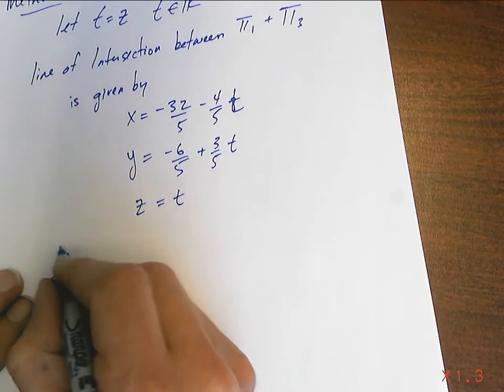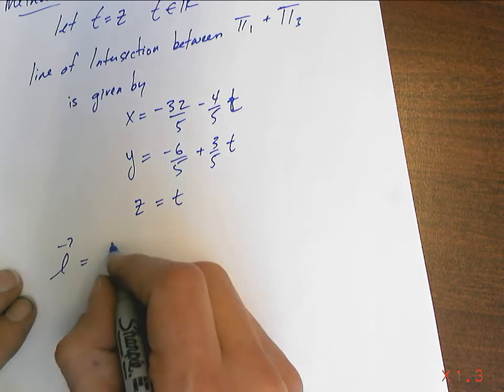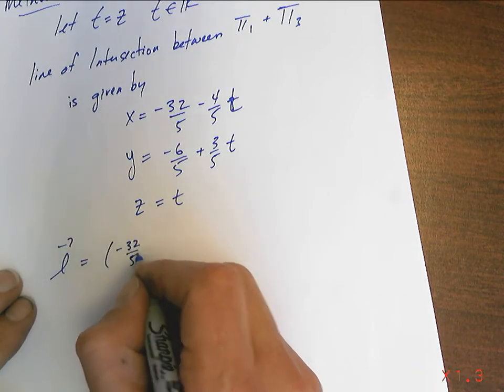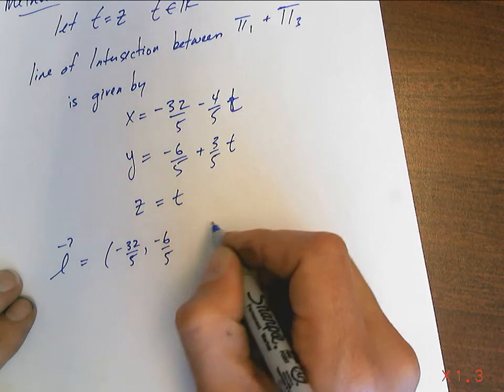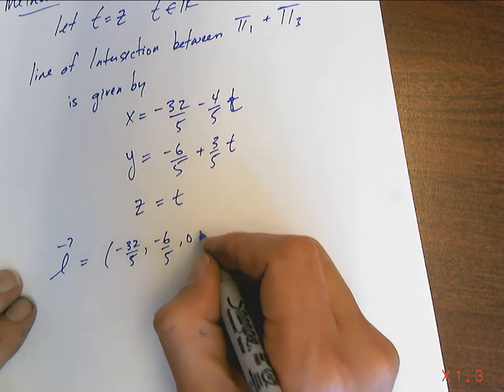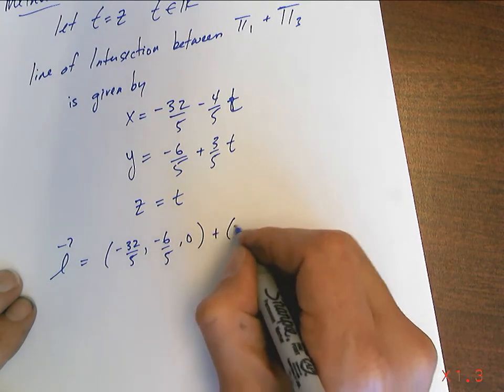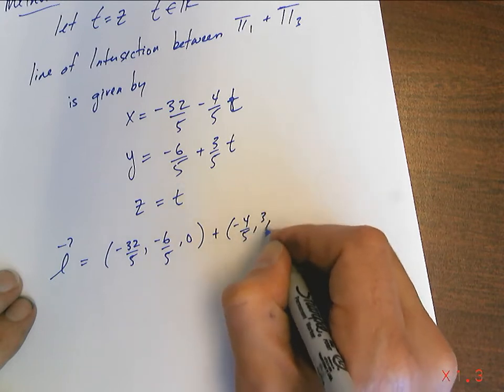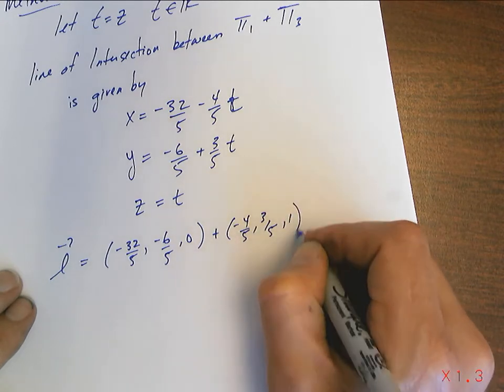So in vector notation, we're looking at (negative 32 over 5, negative 6 over 5, 0) plus t times (negative 4 over 5, 3 over 5, 1).